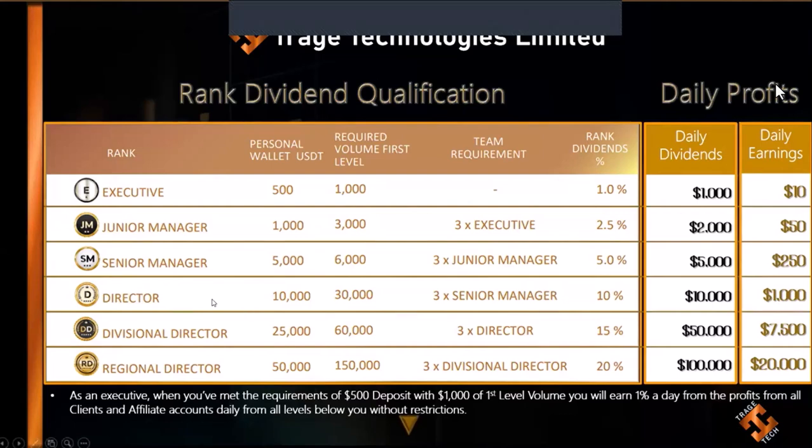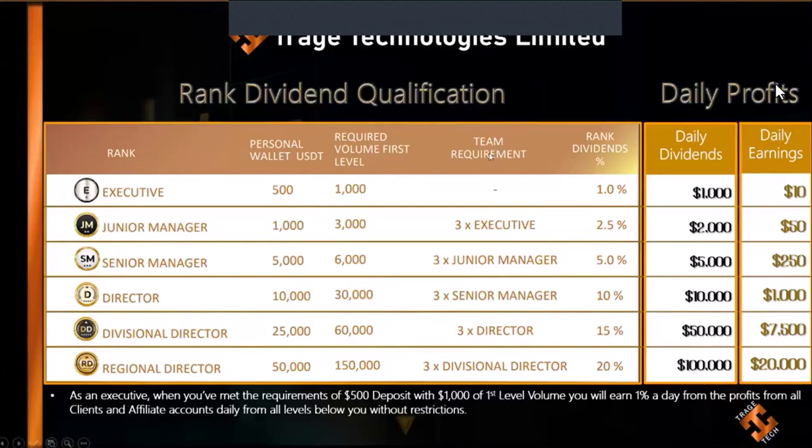So if a person joins the program and they want to promote, if they have invested as a client $500 in their own personal wallet and they refer 2 people for 500 or 1 person for 1,000 or 5 for 200 or 10 for 100, it still meets the required volume first level. This means that this person has to refer enough people to put $1,000 on their first level. Basically, this is funds that have been deposited in the fund pool.